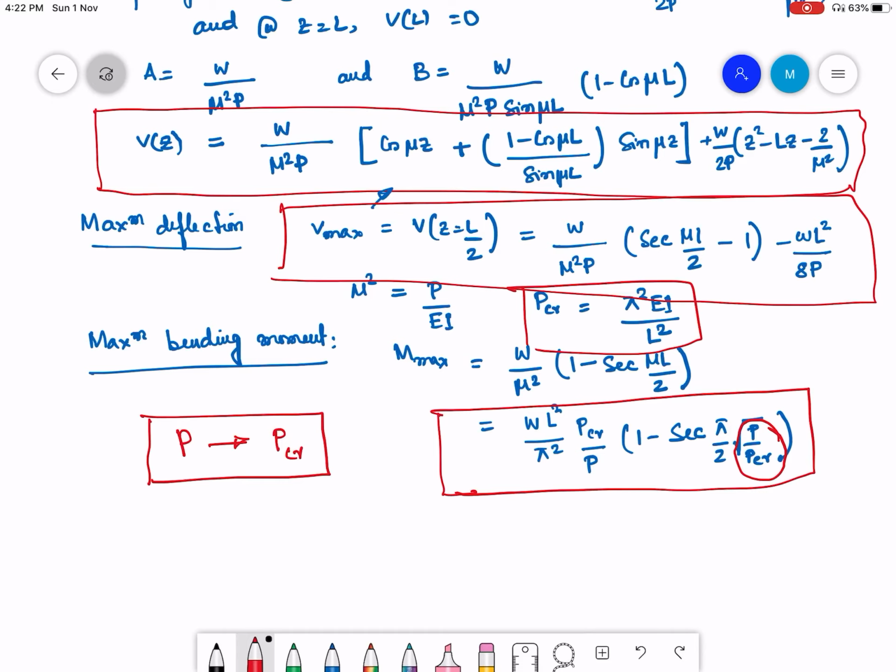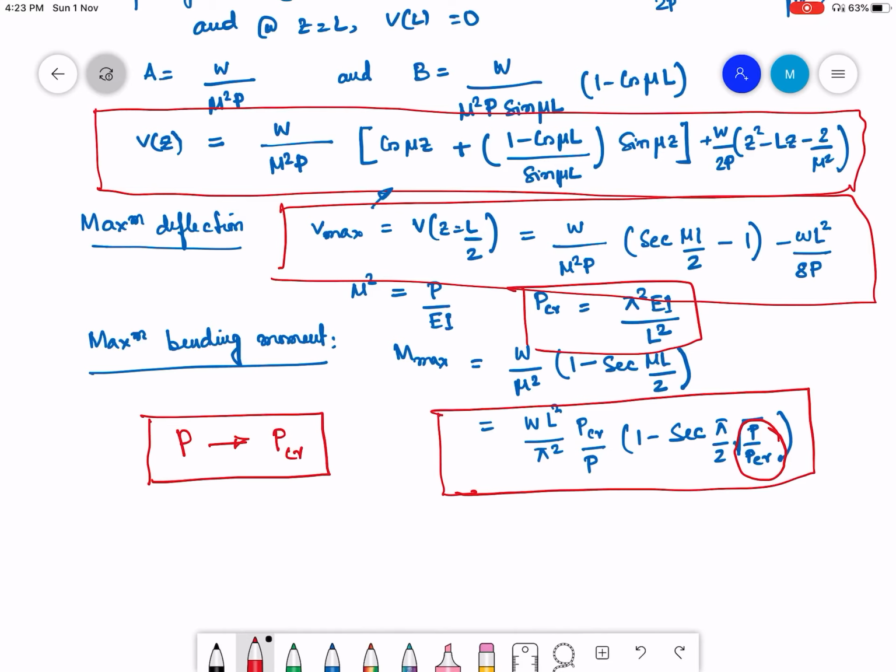Since moment is directly proportional to the curvature of the beam, as P approaches P critical the beam is going to have a large deformation and thereby lead to failure.